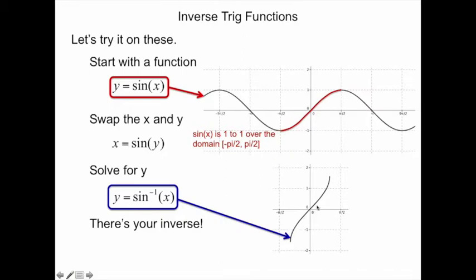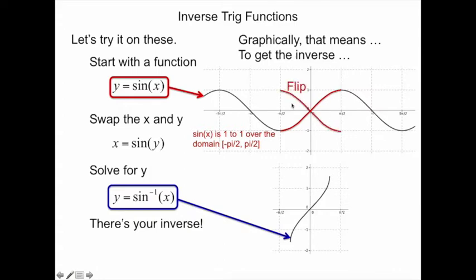So our inverse looks like this. So graphically, what we're going to do is take this red shape here, flip it, and then spin it, and that is the inverse function.